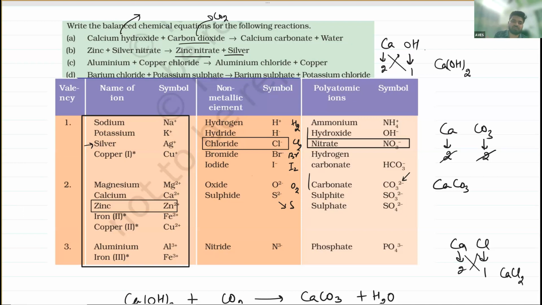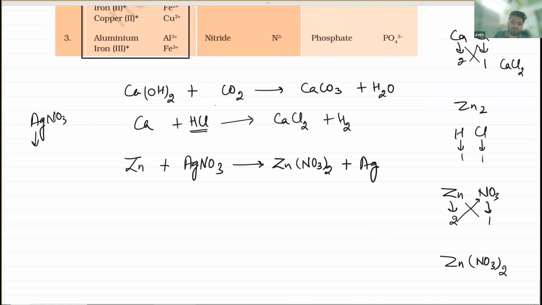Just concentrate here, dear students. It is important. Cu, copper, has two types of valency. When it has Cu 1 positive, it is cuprous.